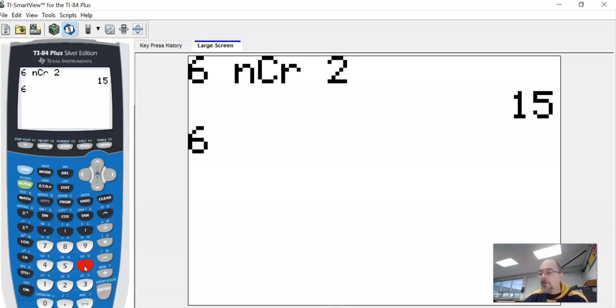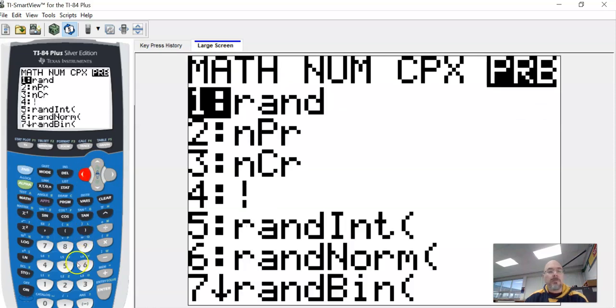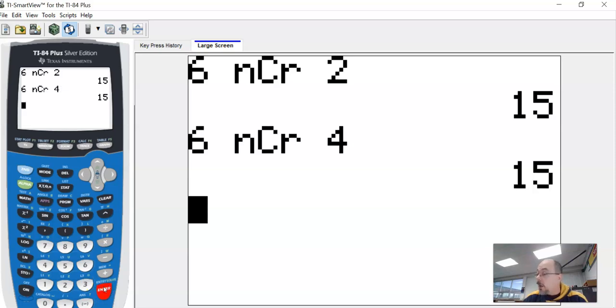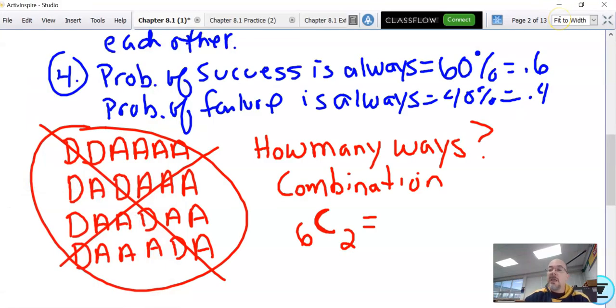Well, there's 4 people that buy analog, right? So just to show you, ladies and gentlemen, that 2 digital out of 6 is the same: there's the same number of ways with 4 analog. Look at that, huh? All right, 15. So there's 15 ways that this can occur.